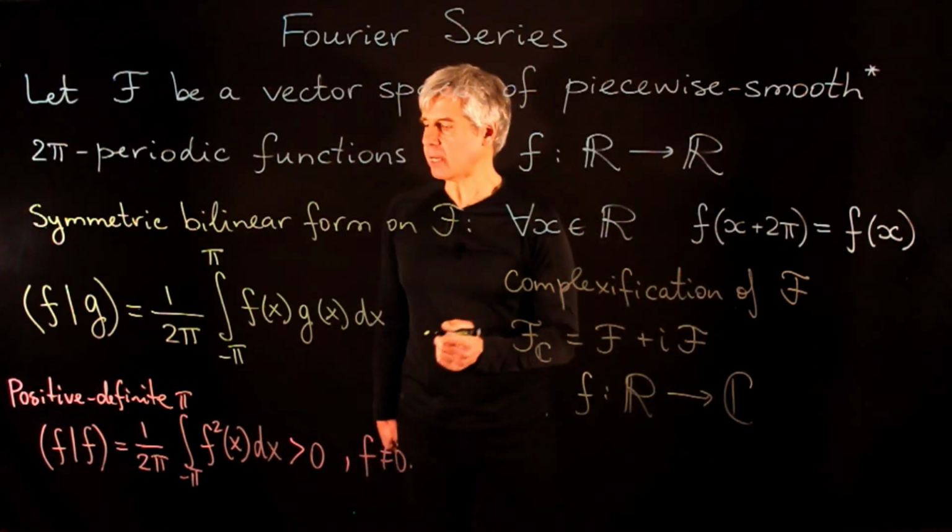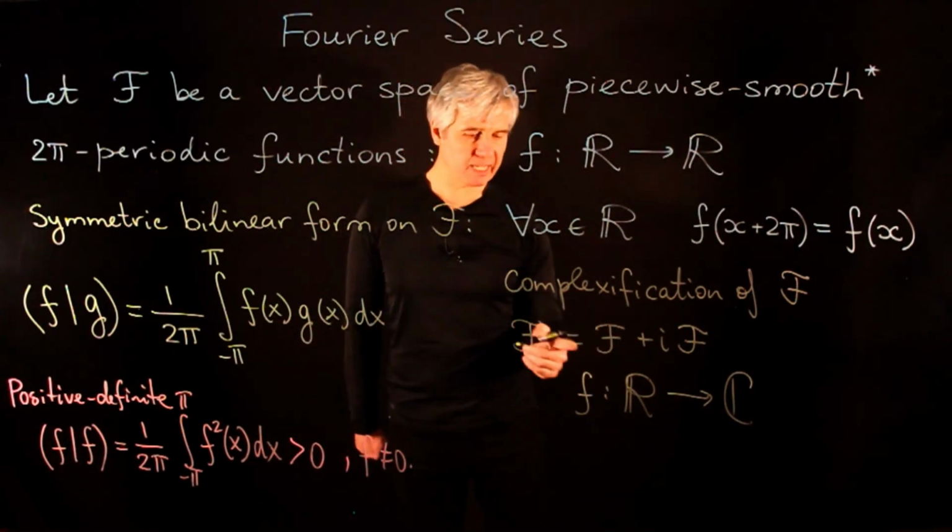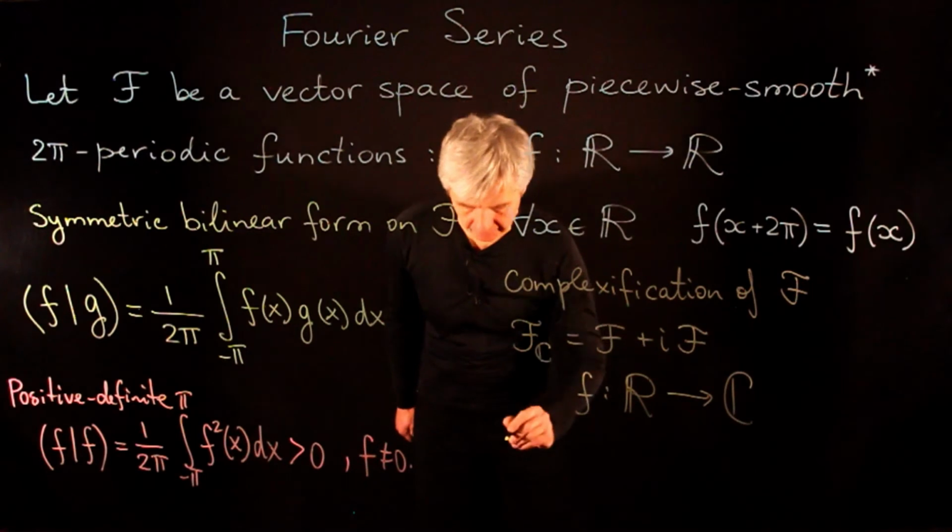And as we discussed, the bilinear form on F naturally extends to a hermitian form on Fc.